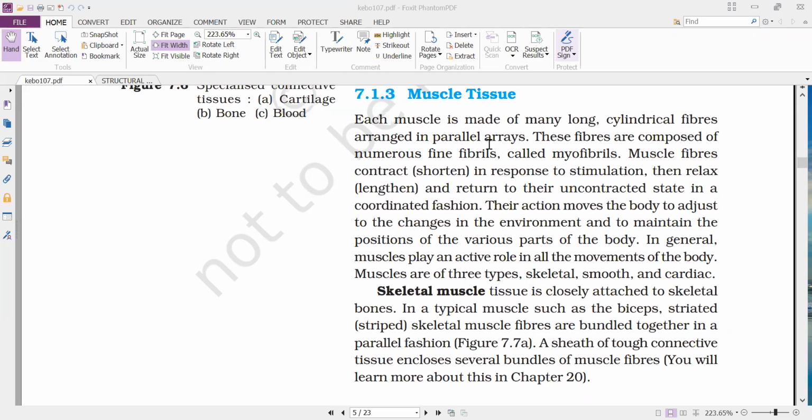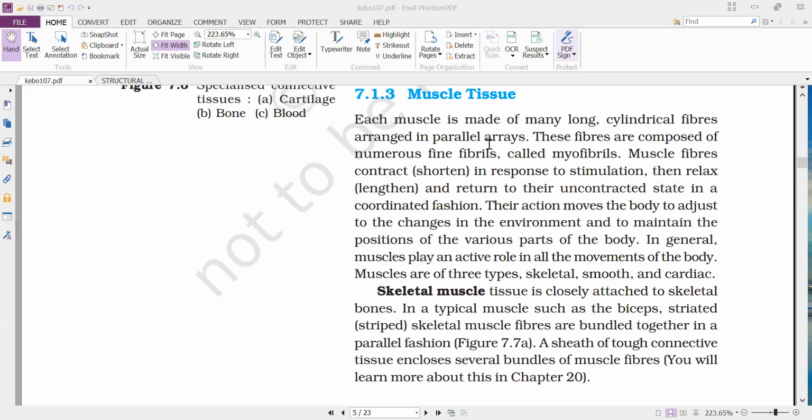Depending upon the requirement, it undergoes contraction. Whenever the work is completed, again it undergoes relaxation. Both contraction and relaxation occur in a coordinated manner. Then only a function or a work will be carried out.